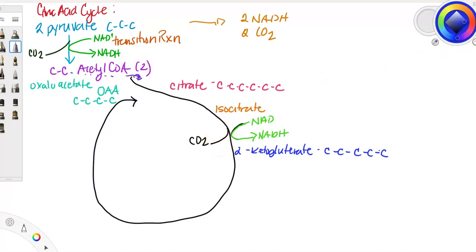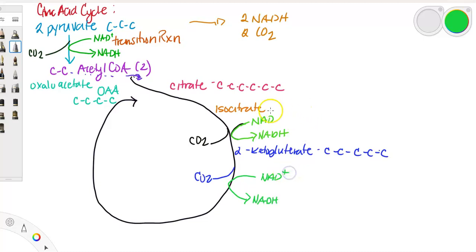That molecule gets oxidized, and when it does, we lose another carbon dioxide, and we get another NADH, and we get a molecule called succinyl-CoA.